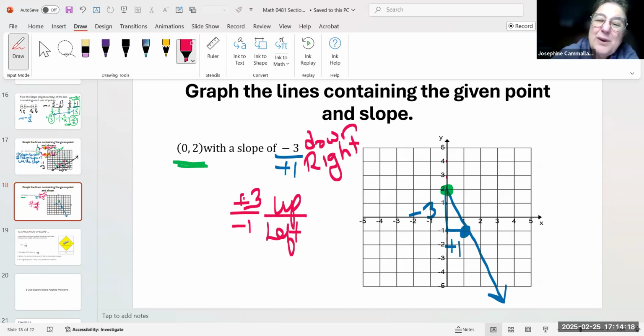1, 2, 3. Look at my red dot. This was my up 3, left 1.